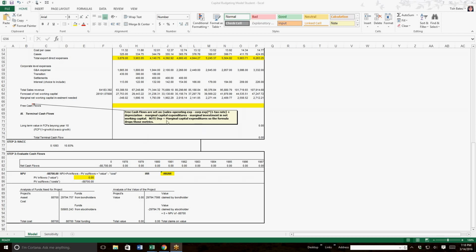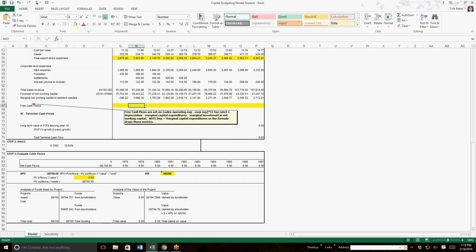Marginal net depreciation equals expenditures, so the formula drops those metrics. Depreciation is marginal capital expenditure. Not sure if that explains what we spend on capital expenditures equals depreciation. Yeah.